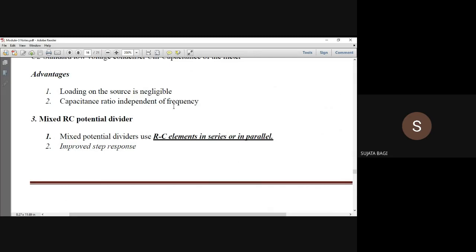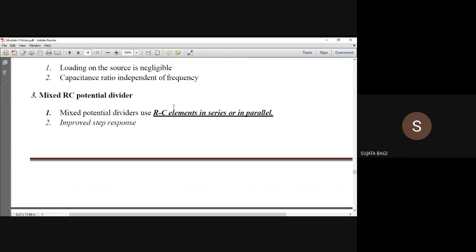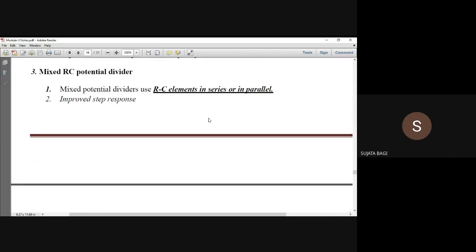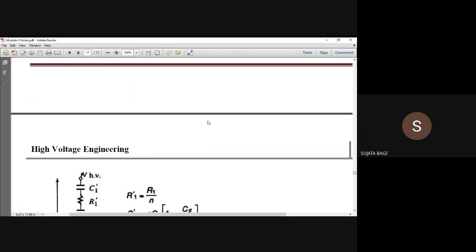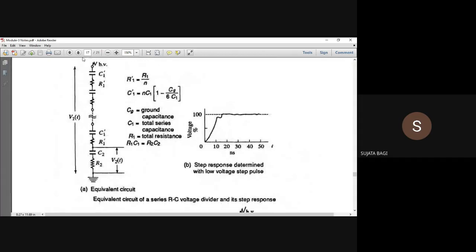Now we will mix all these R's and C's, that is mixed RC, in series or in parallel, as an improved version. This is the total voltage, and this is the mixed RC form. Different equations are taken, and this is the step response determined with low voltage step signals.